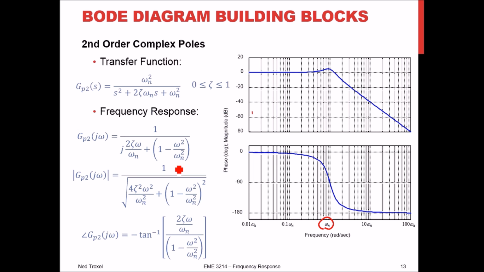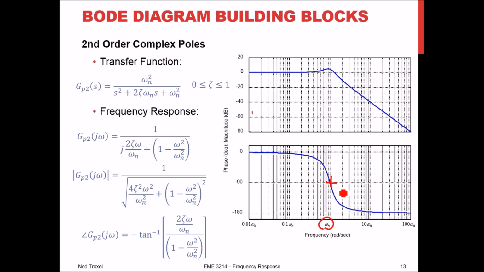That'll be just 2 zeta, but the bottom will be 0. So the bottom will have a phase of 90 degrees. Since we'll subtract that, we'll be at negative 90. The top will just be purely real and have a phase of 0. So at omega n, you always go through minus 90 degrees for a second order system. That's going to be very important.